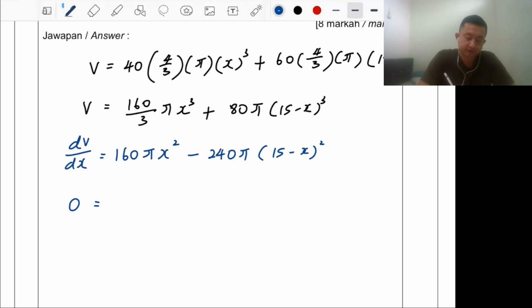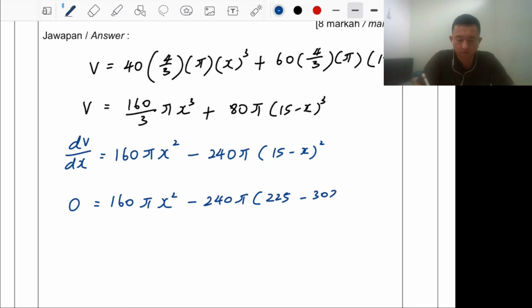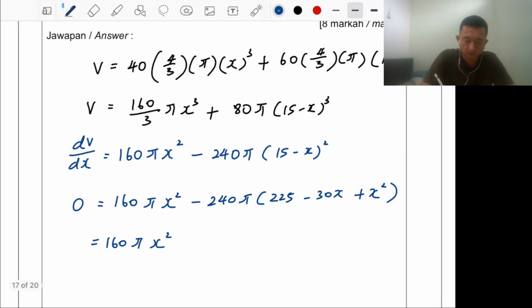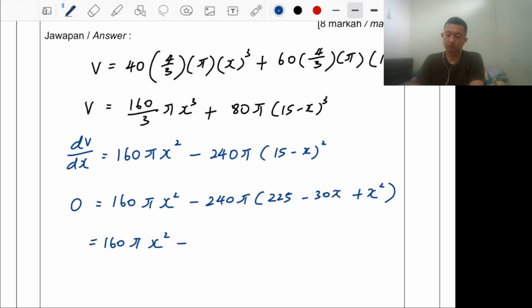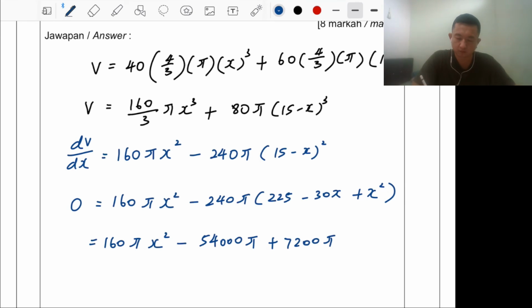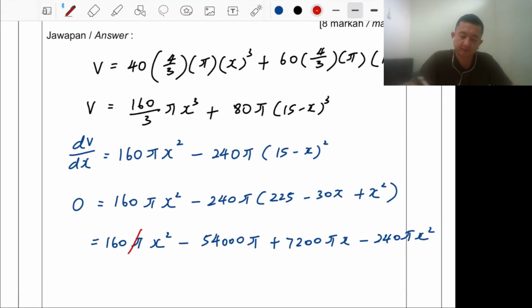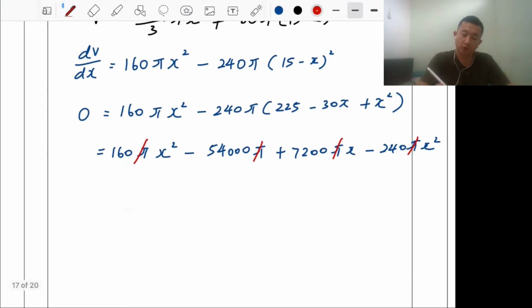Expand it first. Oh, huge number. Okay, you can divide everything by pi to make it more familiar.